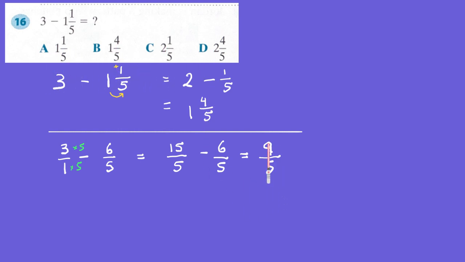So we now need to change 9 over 5 into a mixed fraction. So how many times does 5 go into 9? It goes into 9 one time and 4/5. And we get the same answer. So we just need to highlight 1 4/5.